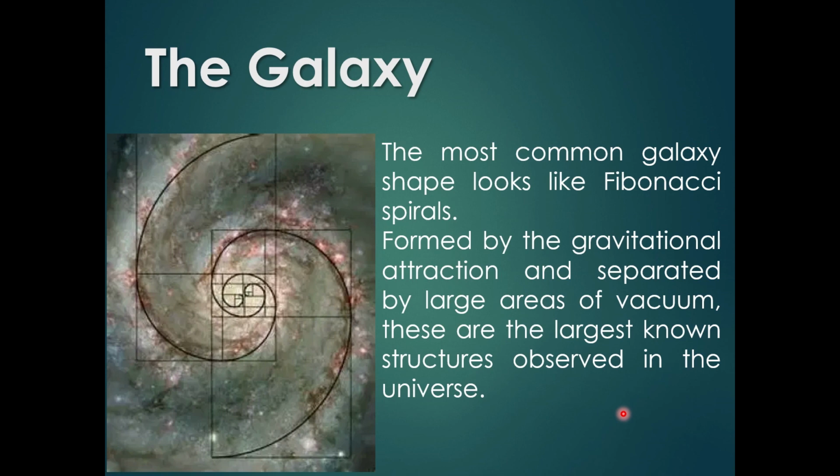So there is this huge, massive gravitational pull, and there are large vacuum spaces, nothingness. Formed by this gravitational attraction and also separated by large areas of vacuum, these galaxies are the largest known structures observed in the universe. And if you see some pictures from the internet, you can see there is a pattern of Fibonacci.